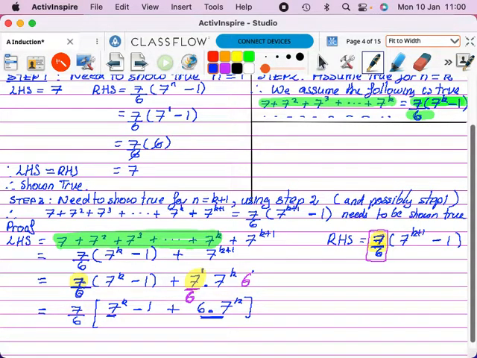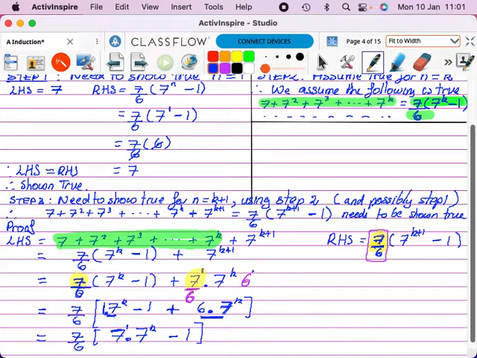So 7 over 6, I have got 1 lot of 7 to the k plus 6 lots of 7 to the power of k, and therefore I've got 7 lots of 7 to the power of k minus 1, close bracket. But now, using the law of indices in the usual way, what do you do with powers? Well, you add them together.